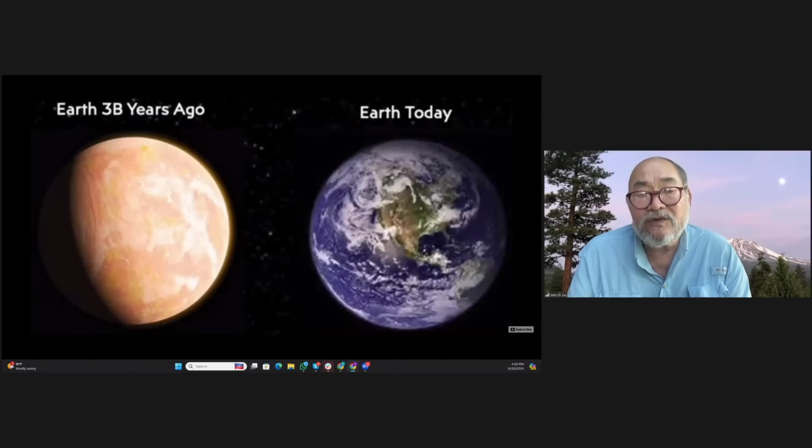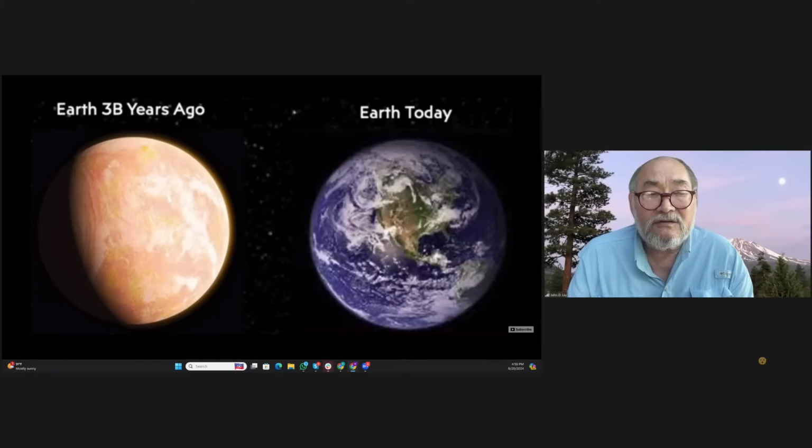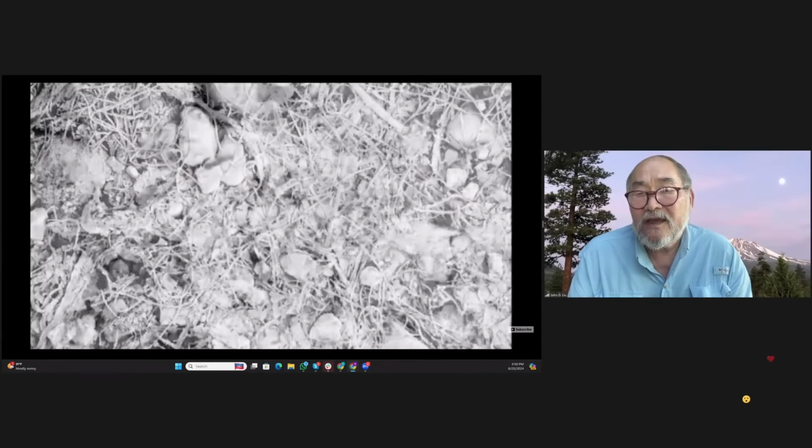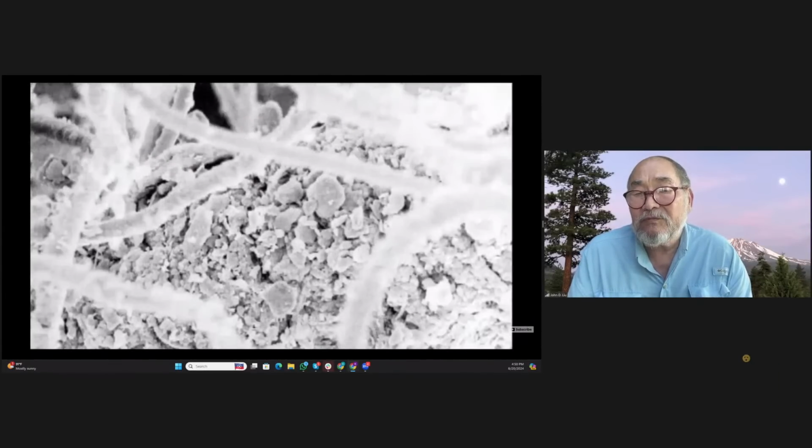I started to realize that I'm looking at billions of years of transformations, and that over time the earth had totally transformed, and it all began with microbes.